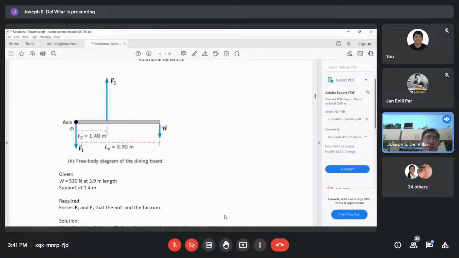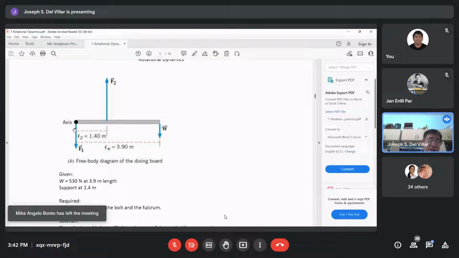So, kapag ginawa natin yung axis of rotation or the bolt location as the reference point, F1 naman yung walang torque. Correct? F1 naman yung walang torque kasi siya yung dumaan doon. And sino yung magkakaroon ng torque ngayon? Sa tingin nyo, sino?